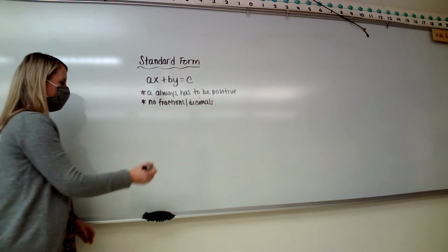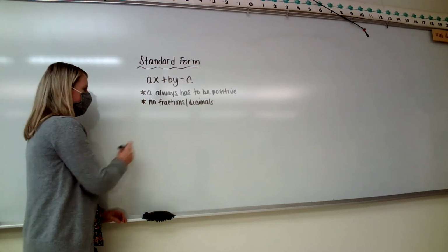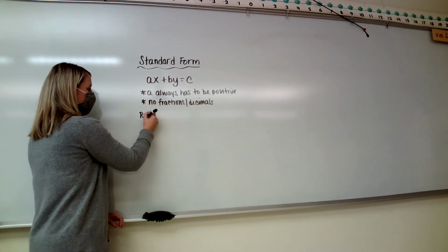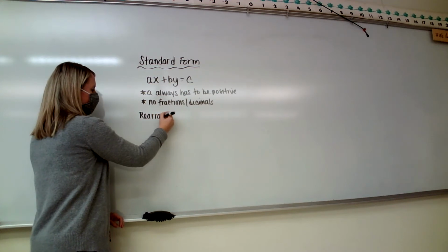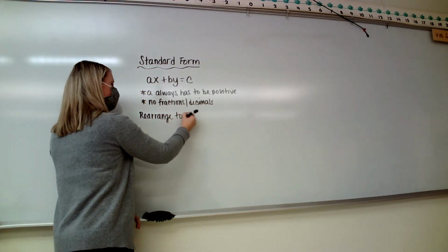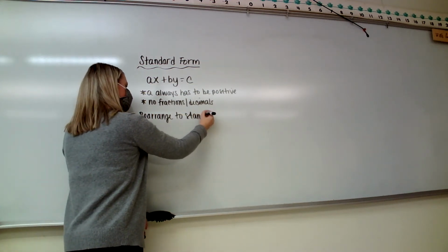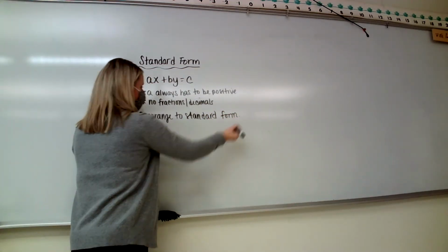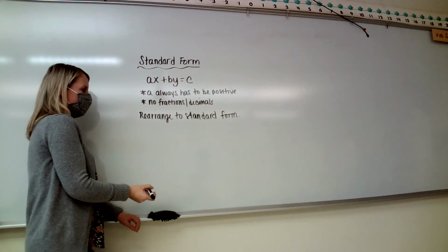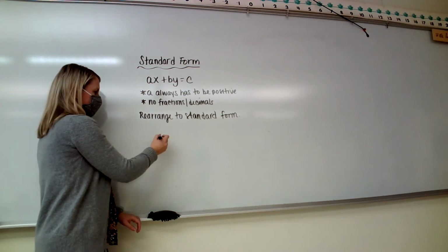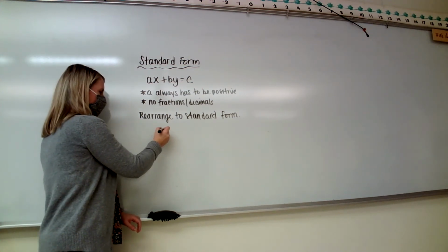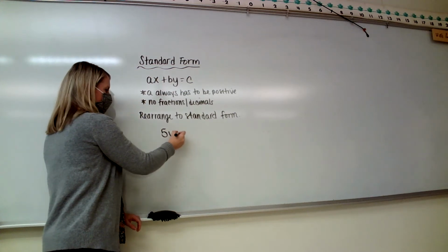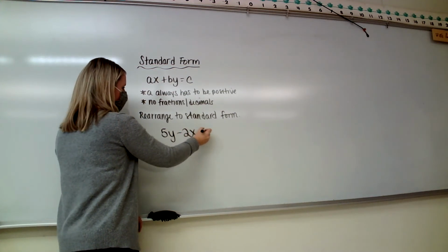So let's say I had this equation. I'm going to say rearrange to standard form. That's my directions. 5y minus 2x equals 8.